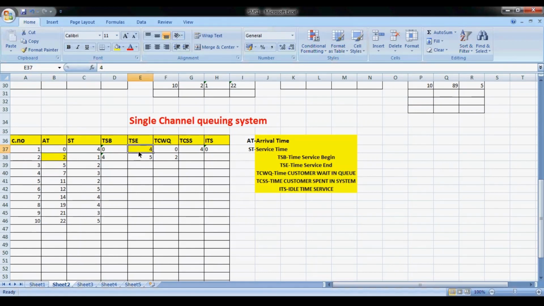The server is going to finish the operation at 4 minutes, but the customer is coming before the service finishes. So 4 minus 2 gives 2 minutes the customer waits in a queue. When the time customer waits in a queue is there, automatically the idle time of the server will be 0. Now time customer spent in the system. So calculate time service end minus arrival time. So 5 minus 2 is 3. So 3 minutes the customer spent in the system.